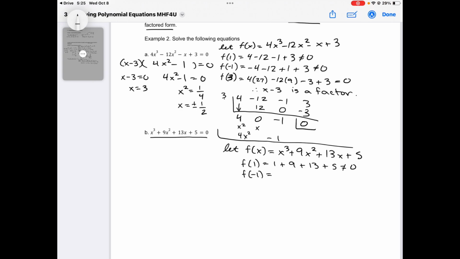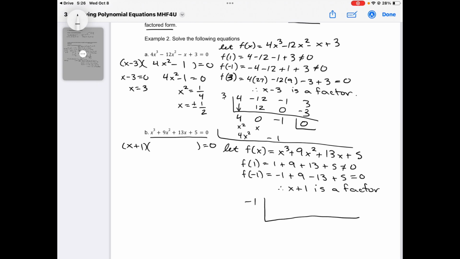F at minus 1 will give me minus 1 plus 9 minus 13 plus 5, which is equal to 0. So that means that x plus 1 is a factor. And so that means I know that my original cubic function I can write as x plus 1 times something equals 0. In order to find that something, I am going to factor out x plus 1 from my polynomial.